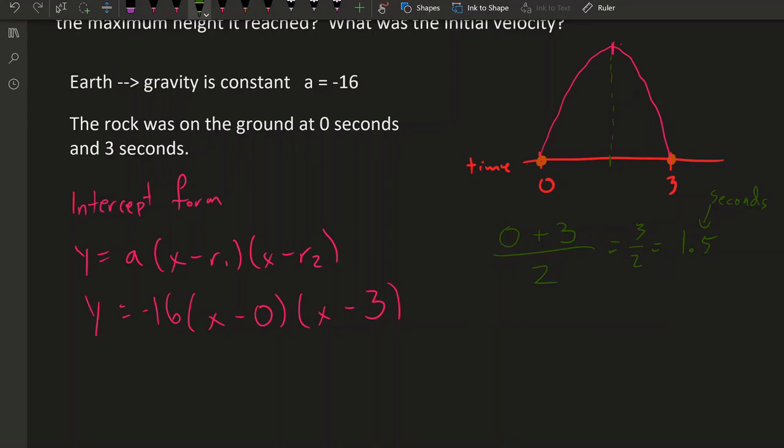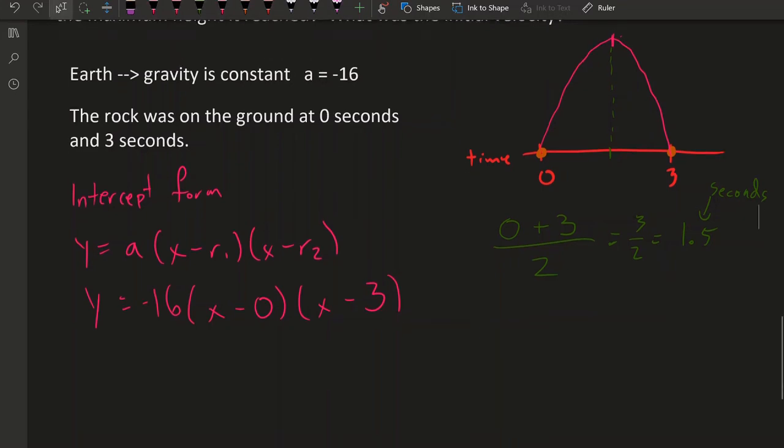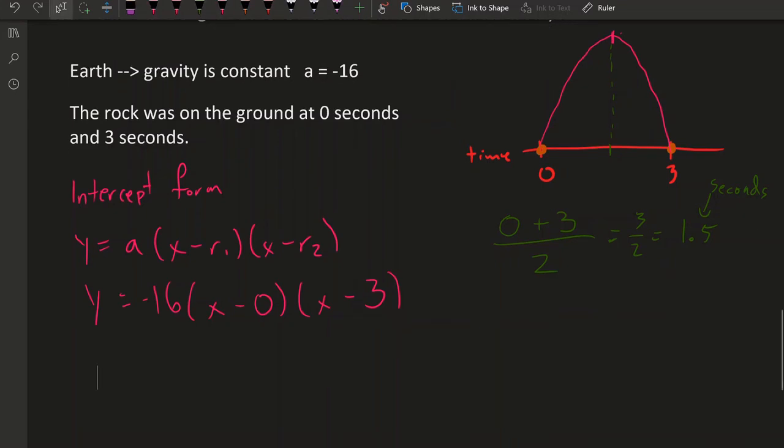So in order to figure out what the highest point is, I'm just going to plug that into my equation. So I can say that it is -16 times 1.5 minus 0. That's a little bit unnecessary, but that's okay. Times 1.5 minus 3. 36.